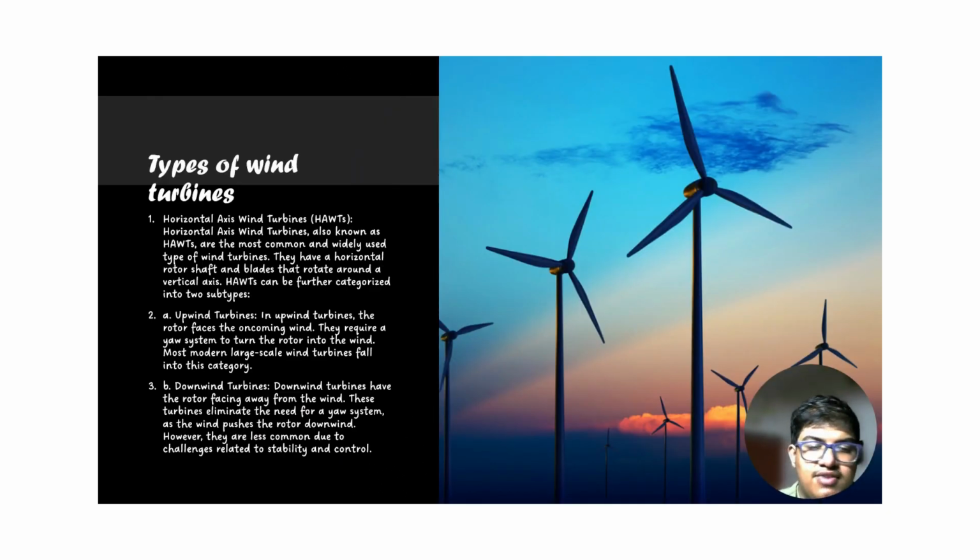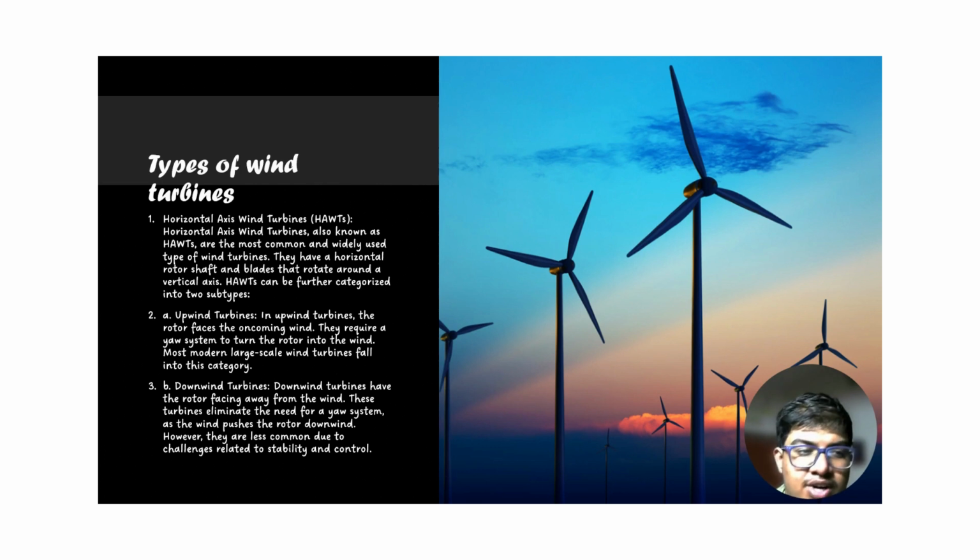So first we are going to talk about the horizontal axis wind turbines. Horizontal axis wind turbines are the normal turbines that you have seen. As you see in the picture, these are like this. They are split into two types: upwind and downwind.